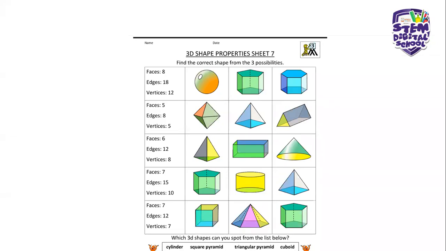Can we link it to the correct shape? Now, in order for you to link it correctly, you will recall that if you look at the hexagonal prism there, it has got about 5 faces in the middle and 2 at the top and bottom. So it actually has 7 faces.